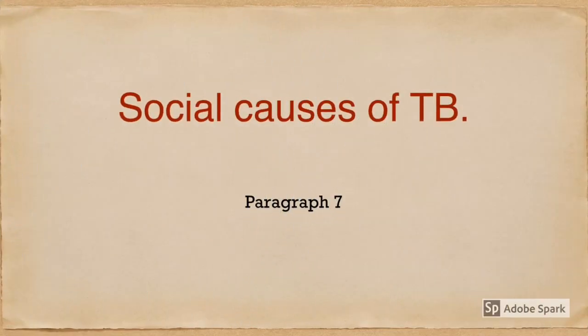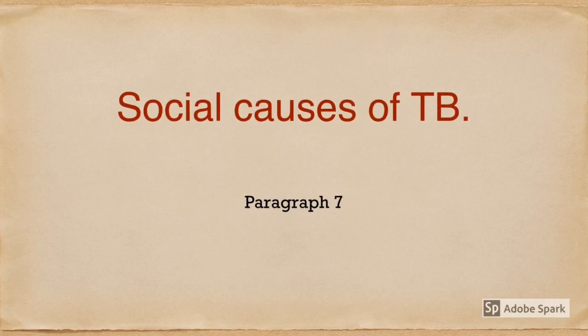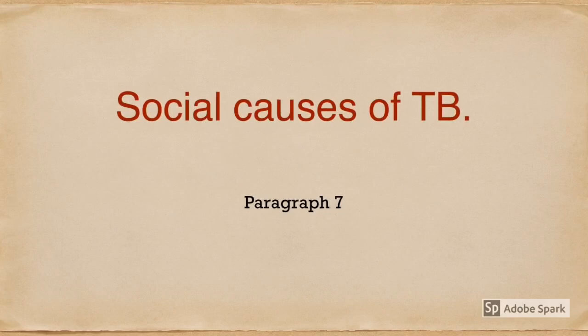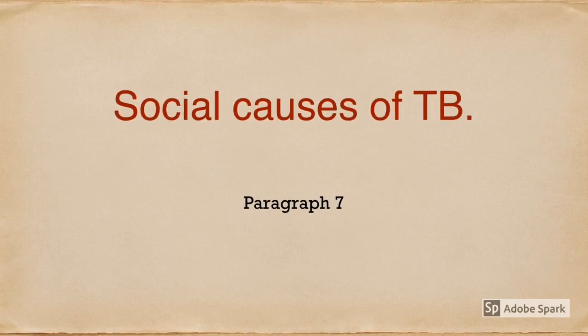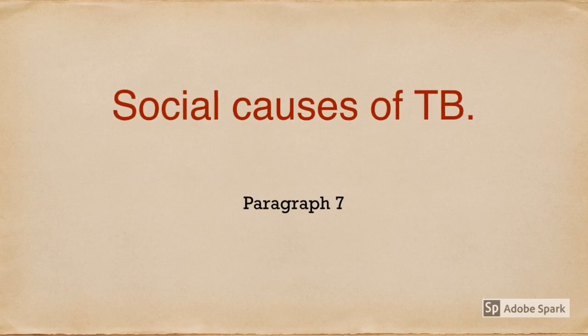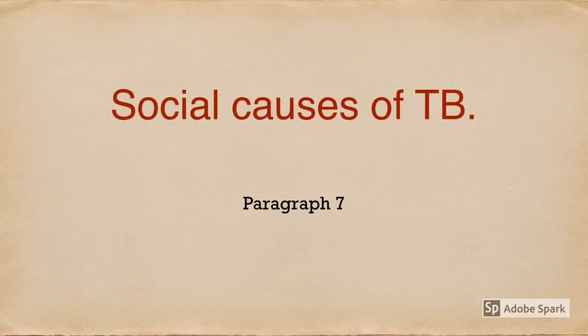These are the social determinants or causes, the social causes of TB, and we can consider them to be the paragraph point for this particular paragraph. Remember, in order to capture the paragraph point, you have to look at all the sentences and then distill an idea that would connect most, if not all, the sentences in that paragraph.